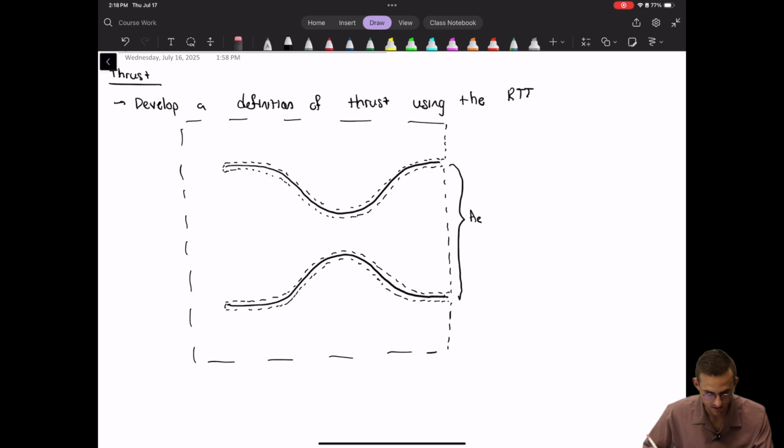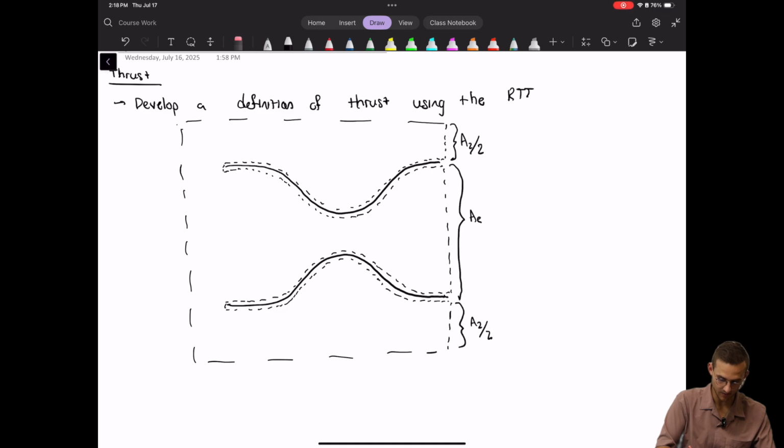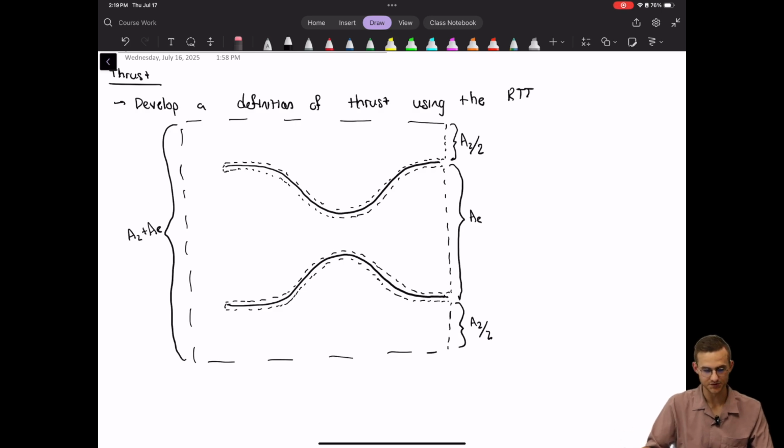And then we will just call this area that's downstream but not out of the exit of the propulsion system A2 over 2 in this case, because we'll have both of these sum up to A2. So A2 over 2. And then this entire area around the front will be equal to A2 plus AE.